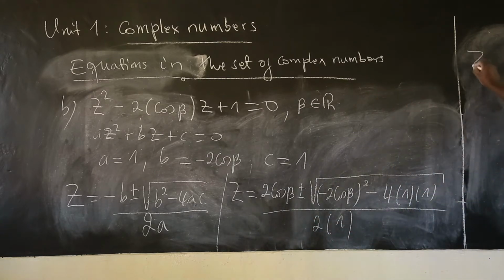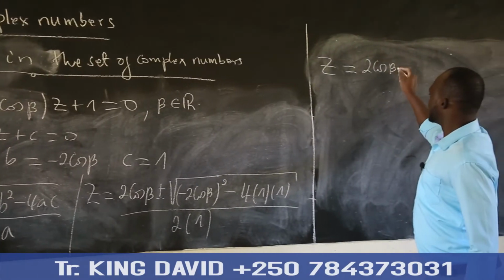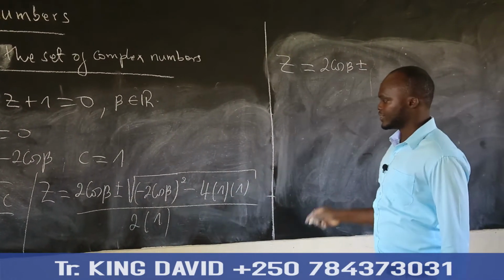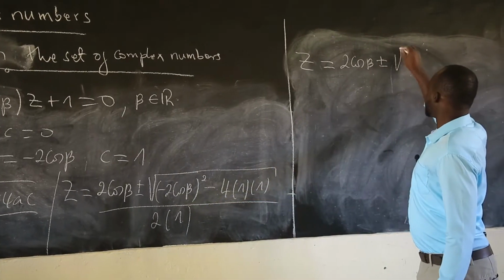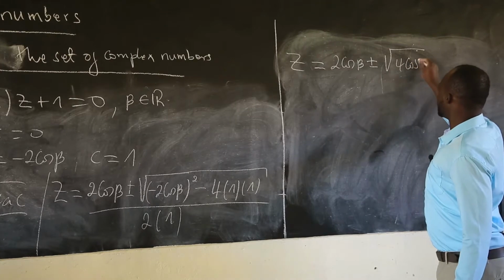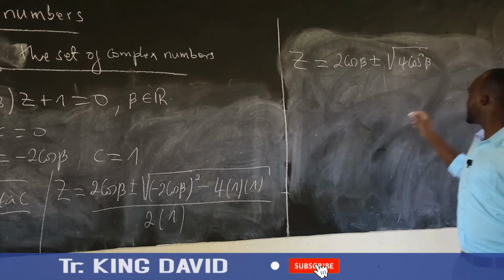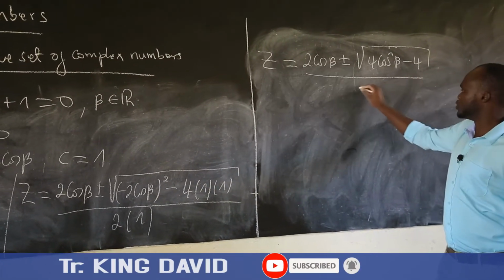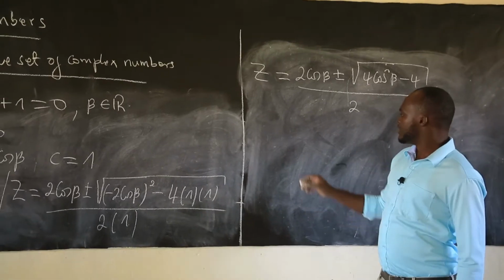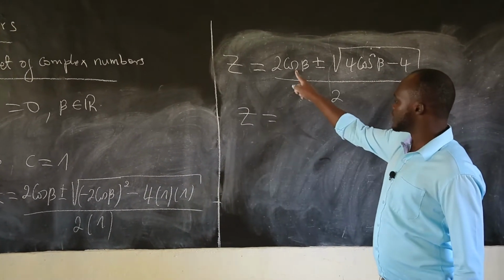So z is 2 cos beta plus or minus the square root of 4 cos squared beta minus 4, divided by 2.